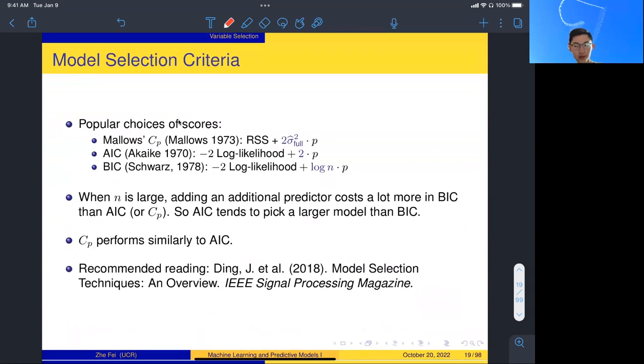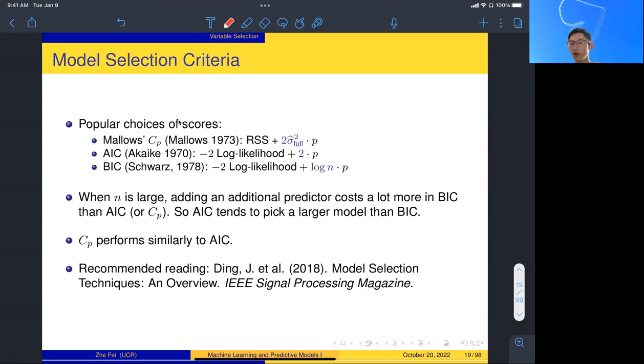So we start with some classic model selection criteria. You might have used these already in low dimensional cases; they are not necessarily for high dimensional.